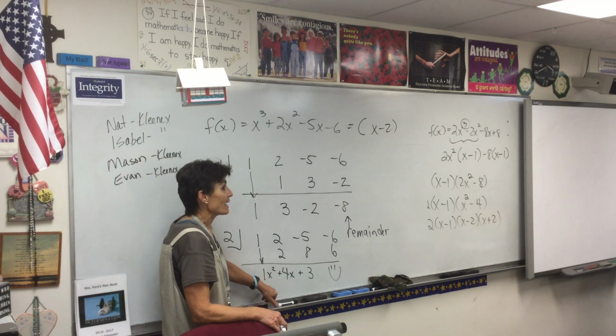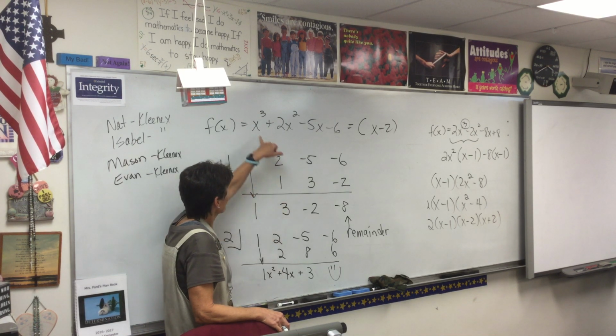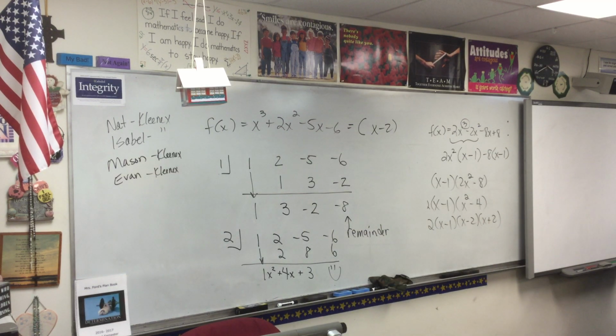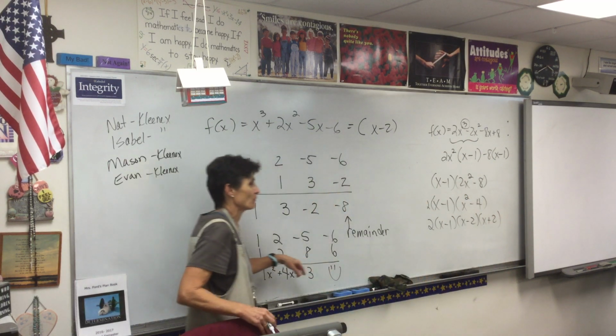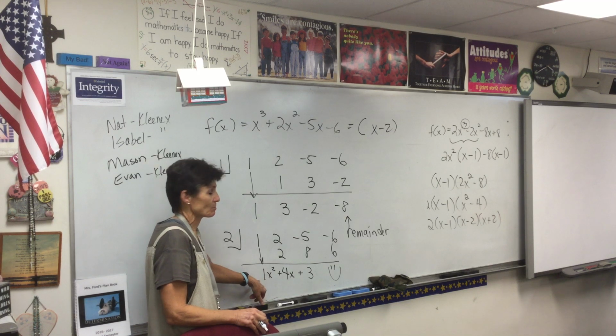Now, why is it x squared? Because the original was x cubed, and when I divide 1 out, it goes down by 1 power. I can tell some of you have forgotten how to synthetically divide, so we'll do more of this on Thursday, but let's finish this problem.